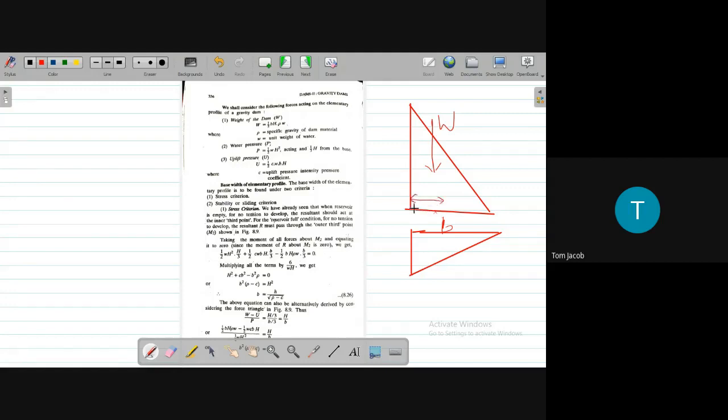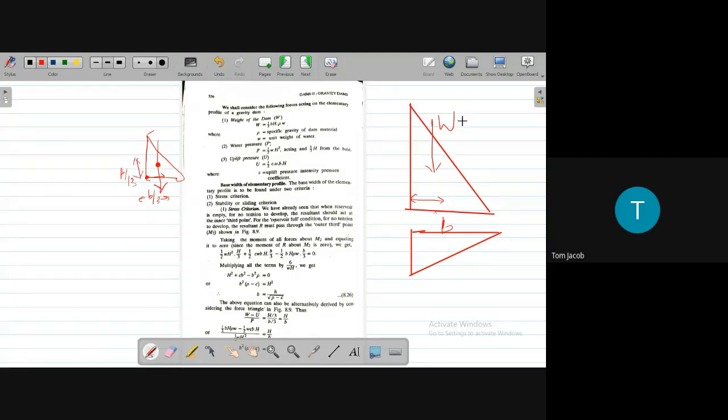That is because for a triangle, the weight acts through the centroid. This is a triangular section, so the weight will be acting through the centroid, and for a triangle the centroid will be at B by 3 from this point, and H by 3 from the base.